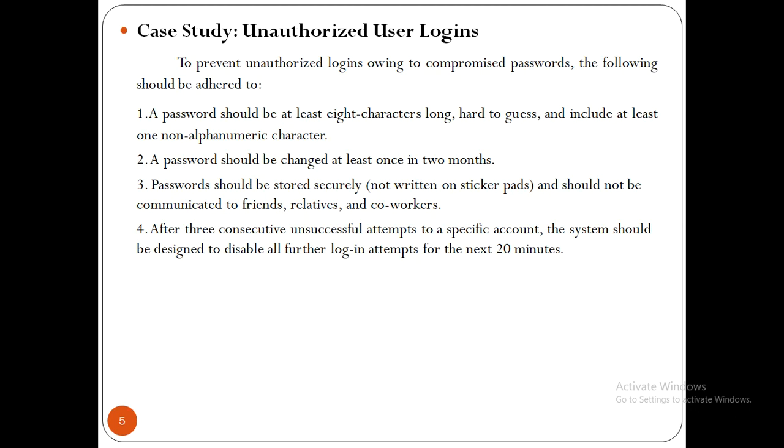Now among these four rules in the password usage context, rules 1 and 2 should be observed by the user, though they can and must be enforced by the system, whereas rule 3 involves the user alone, while rule 4 involves the system alone. These rules are all measures intended to prevent intrusion.